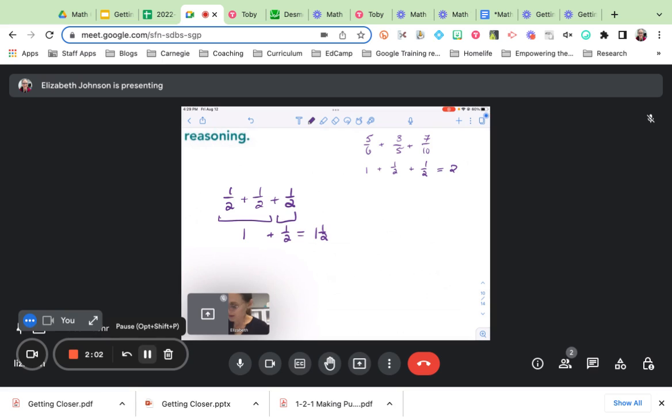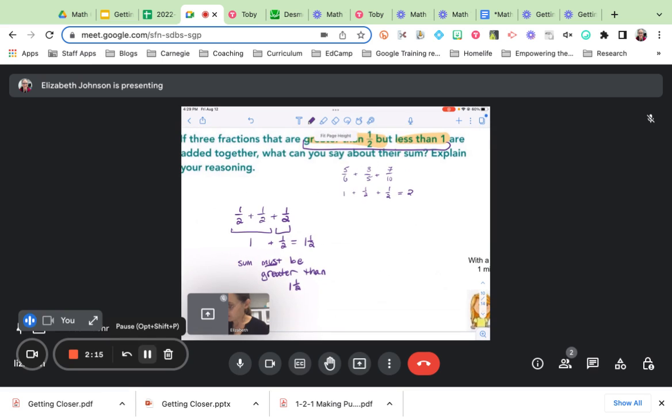What does that mean? That means my sum must be greater than 1 and 1/2, because each of my three fractions has to be bigger than 1/2. When I add them together, I must get a sum that's at least a little bit bigger than 1.5.